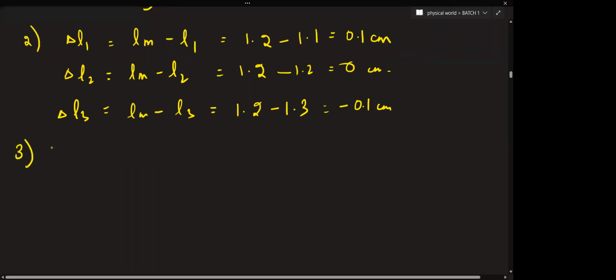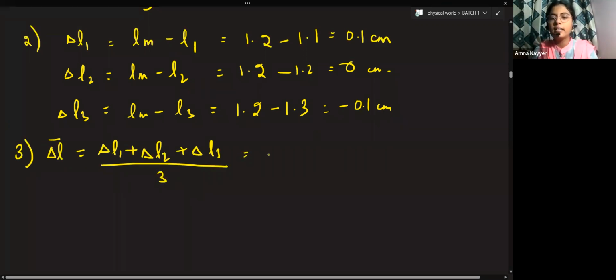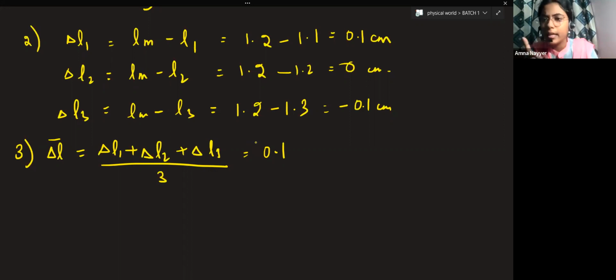So mean absolute error will be delta L1 plus delta L2 plus delta L3, and the number of errors that we have is 3 only. Now let's add it. It will be 0.1, and remember, we always take the modulus of it. Even if the third one is coming negative, we won't consider the negative sign; we'll take it as positive only.